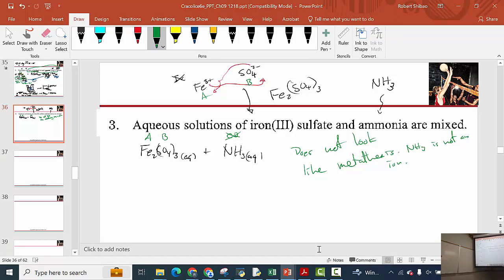Does not look like a metathesis. Ammonia is not an ion. However, ammonia is a weak base. Ammonia is a weak base, which means partial hydrolysis.